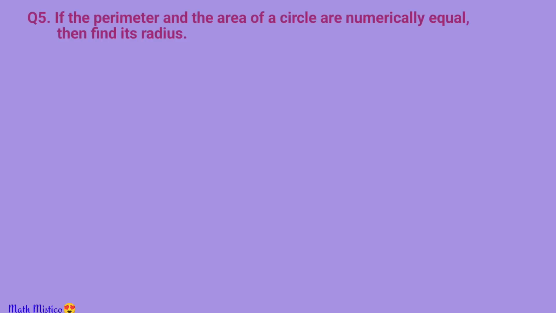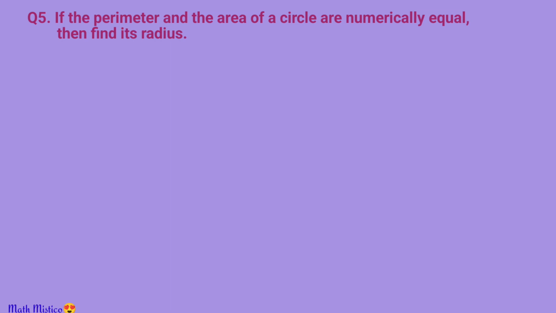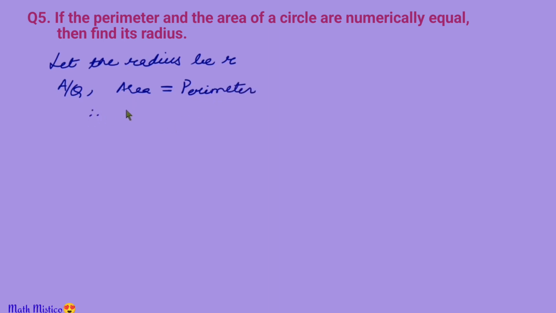Now let's try another example. Here we are given that area of the circle is equal to its perimeter, and we have to find out the radius. So let us take the radius as r. The statement says area equal to perimeter. So replacing by the formulae, we get the equation pi r square equal to 2 pi r.